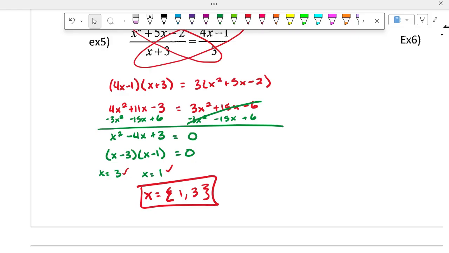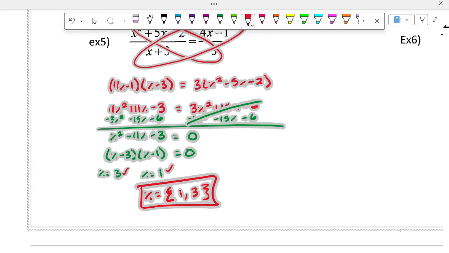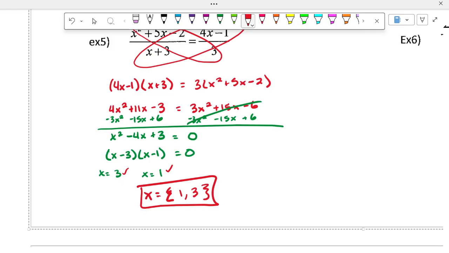Now, I didn't do all the steps for factoring, but that's what I got when I finished factoring here. And if you plug both the answers back in, 3 plus 3 is 6, 1 plus 3 is 4. No denominators are 0. So they both work.